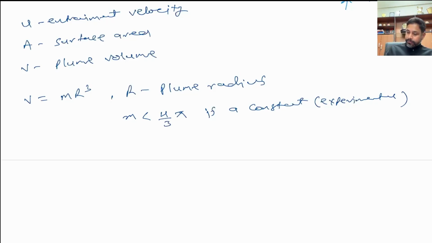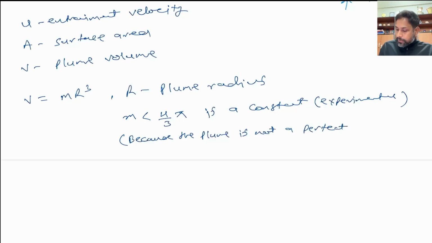And that's why we say m must be smaller than 4 by 3 pi, and we'll try to find its value using experiment. Okay, this is happening because the plume is not a perfect sphere.